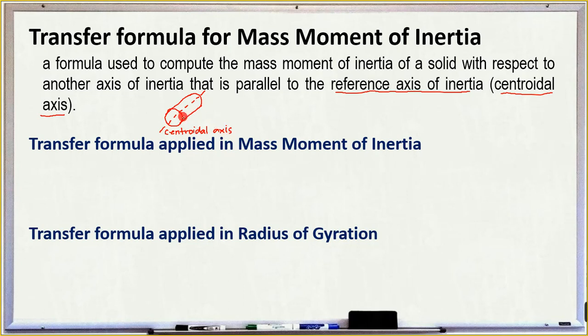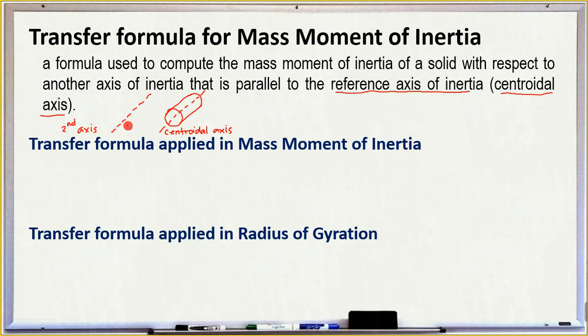Okay? It has its mass moment of inertia here. But what if we are going to solve for its moment of inertia with respect to another axis aside from the centroidal axis? Let's say, for example, this is now our given axis of inertia. Let's say this is our second axis.